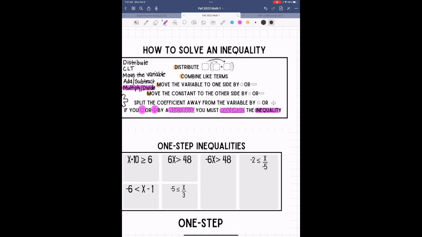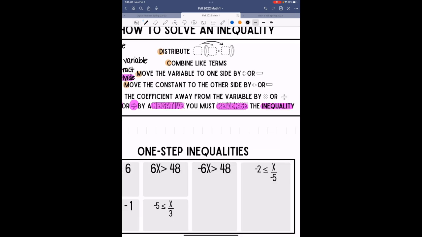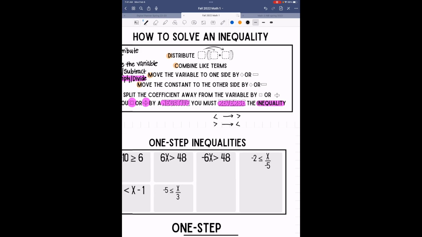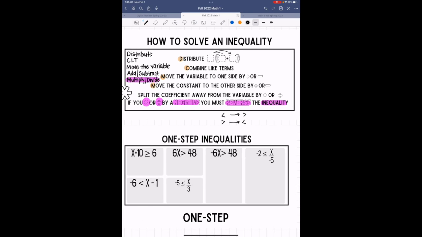So if it's less than, you turn it into greater than. If it's greater than, you turn it into less than. You basically flip the sign, okay? That only happens when you multiply or divide by the negative. If you don't multiply or divide by negative, then you don't have to reverse it.